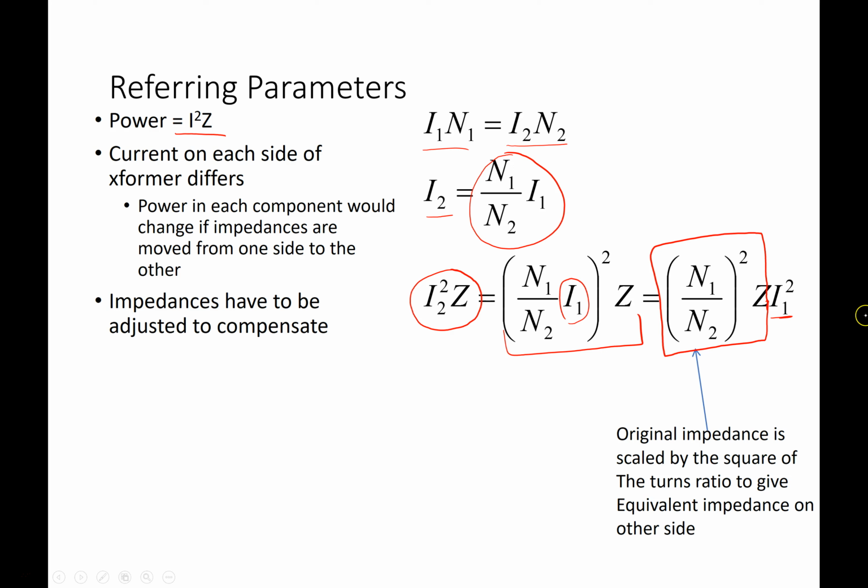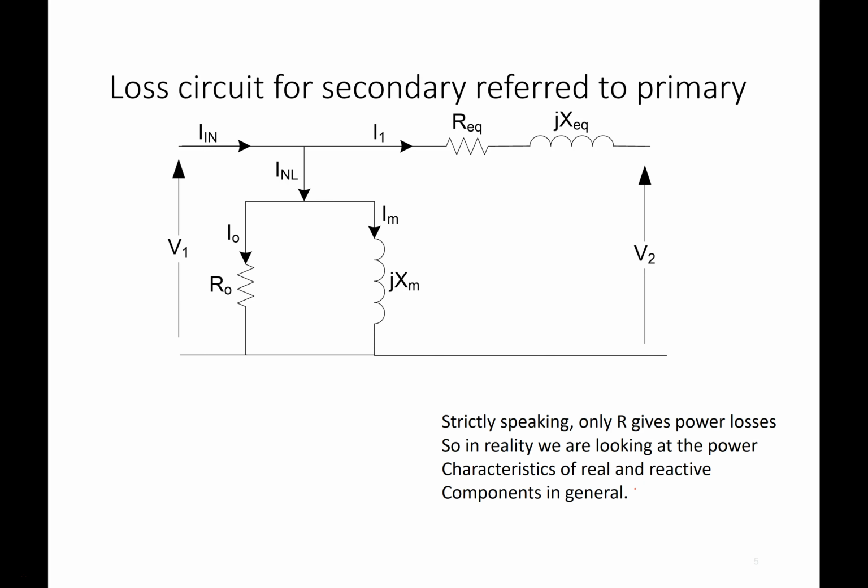So what I do is when I shift the impedance from secondary, which is side 2, to side 1, I'm going to scale it by N1 on N2 squared. So whatever that Z is, I just simply multiply it by that number, and then that will give me on the primary side the same power dissipation as I would get on the secondary side.